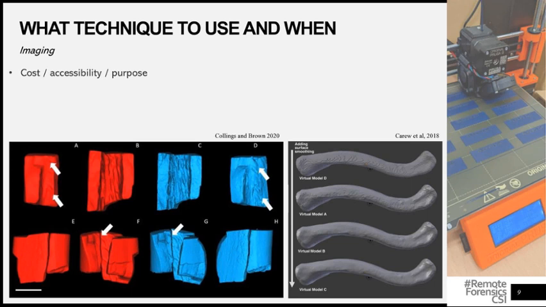What's the purpose of your model going to be? And the purpose question is something that Dr. Kat Brown and I focused on in our paper in 2020, which was looking at burnt bone fragments. These are fragments of burnt bone that have naturally fragmented during the heating process, and they were scanned using two different methods. The one in the red here is structured light, and the one in blue here was micro CT.